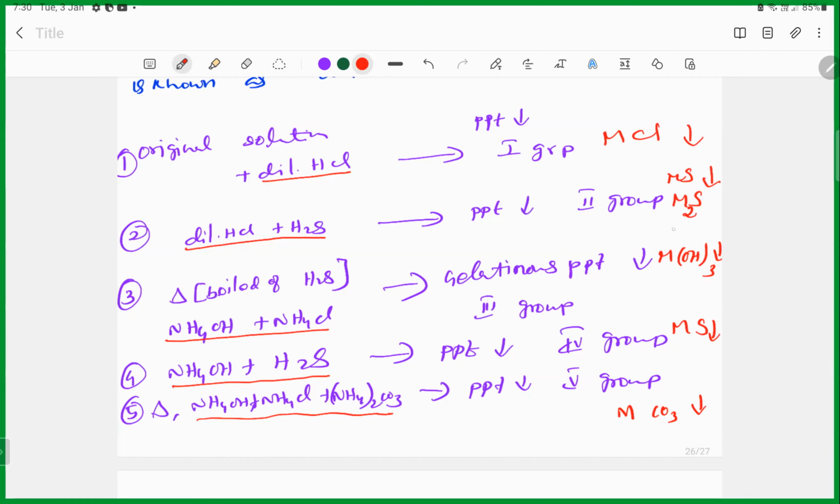Now here and here you have both sulfide. Correct? Second and fourth group, look. Here also it is H2S gas, here also H2S. What is the difference between these two?